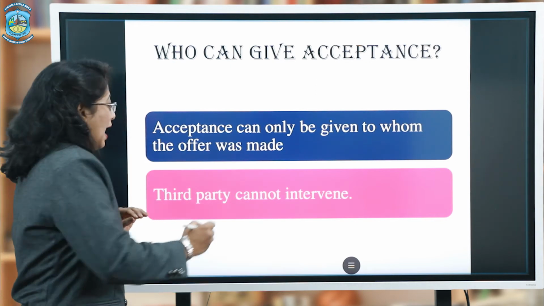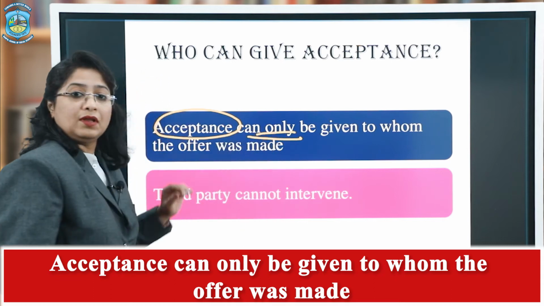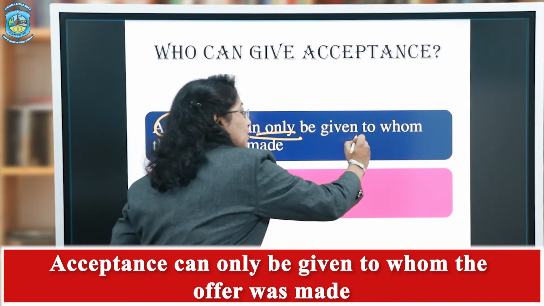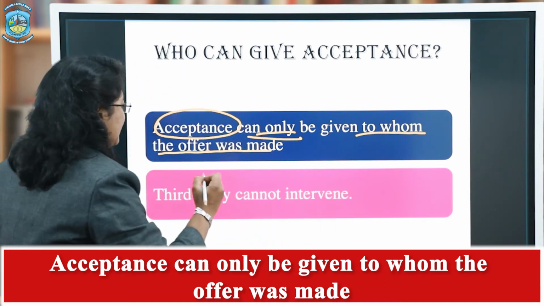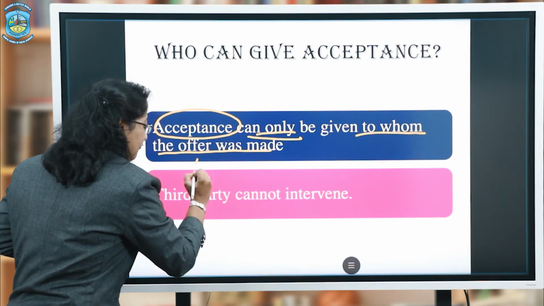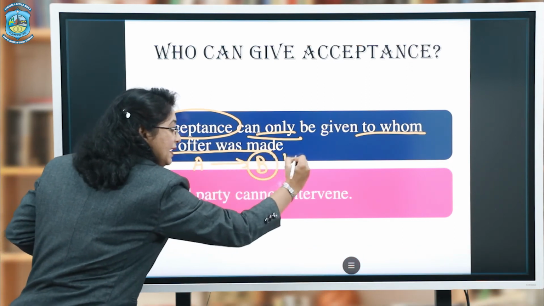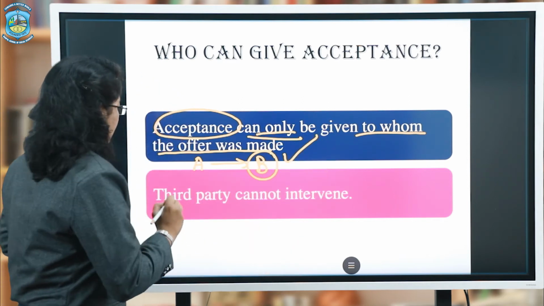Remember one thing, acceptance can be given only by whom or to whom the offer was actually made. So it is very much essential, if A offers something to B, then only B can go for acceptance of the offer.